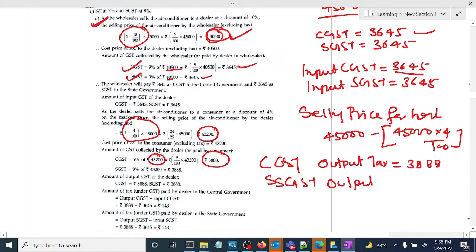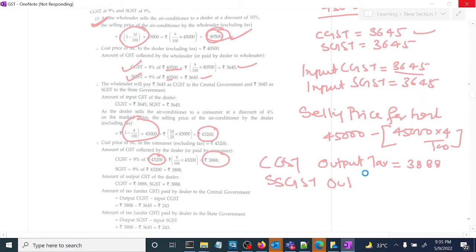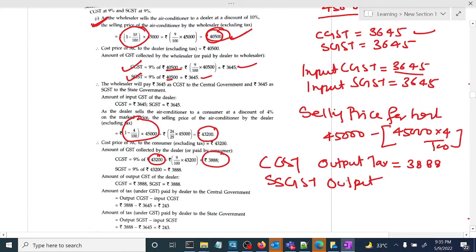So his output tax is a bit more, right? So then his tax liability will be calculated, and this tax he will pay directly to the government.